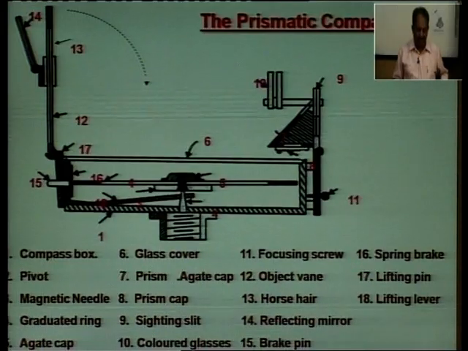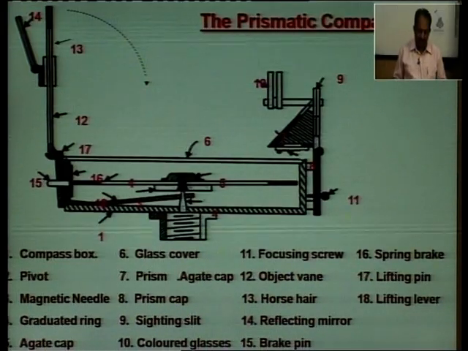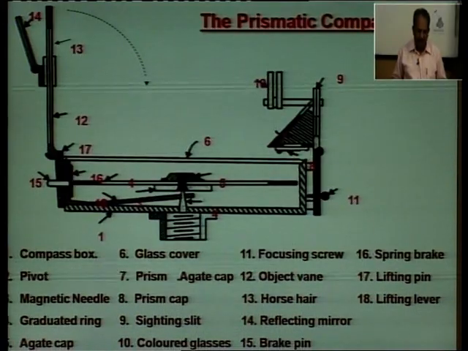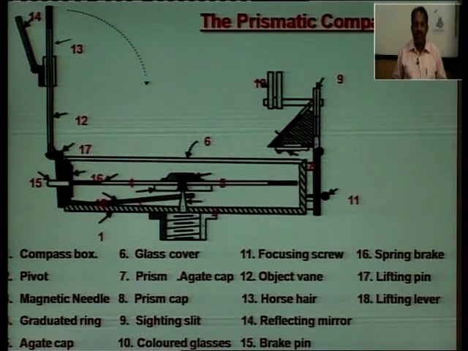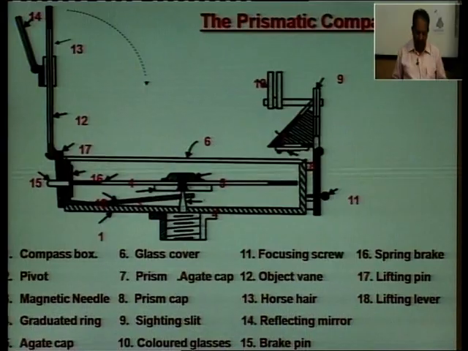If the bearings of very high or very low objects are to be taken, the reflecting mirror marked as 14, please look at your monitor screen, which slides on the object vane, is tilted and the image obtained in it is bisected by the horsehair.